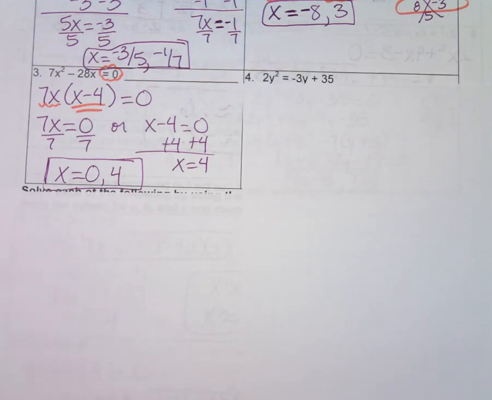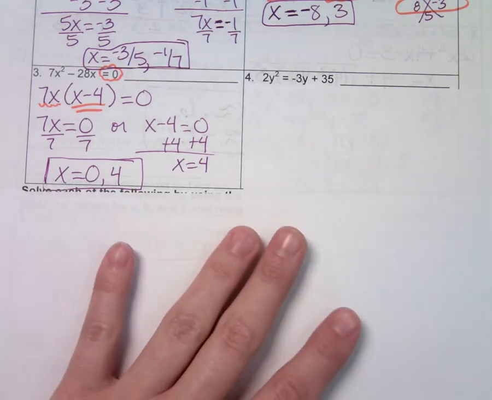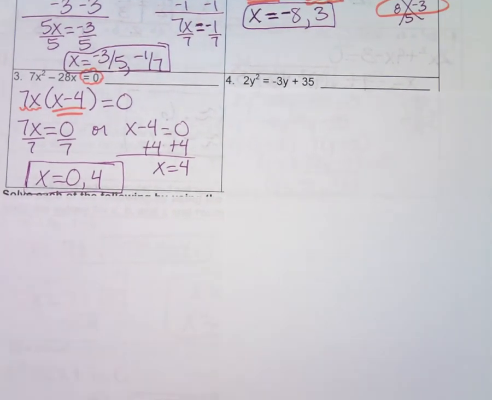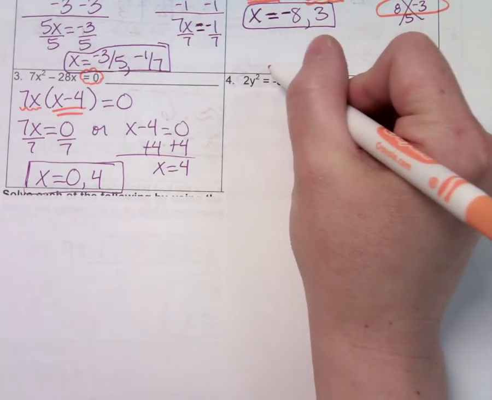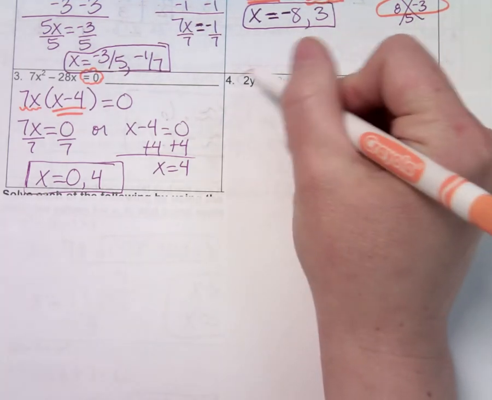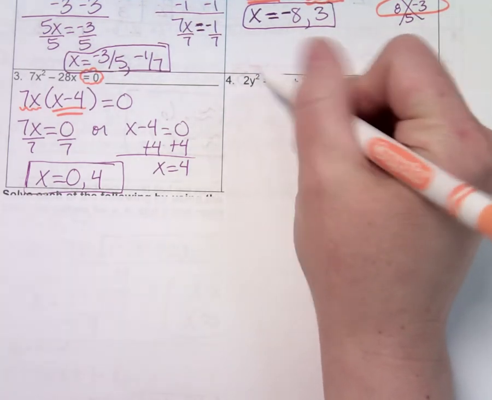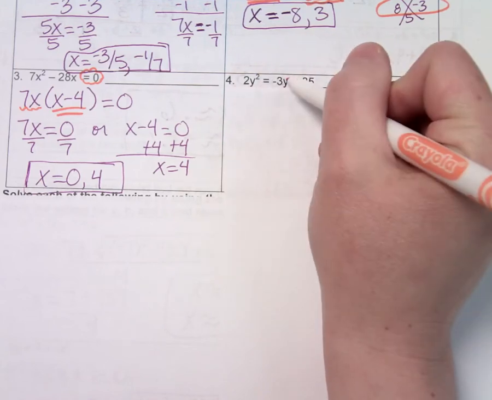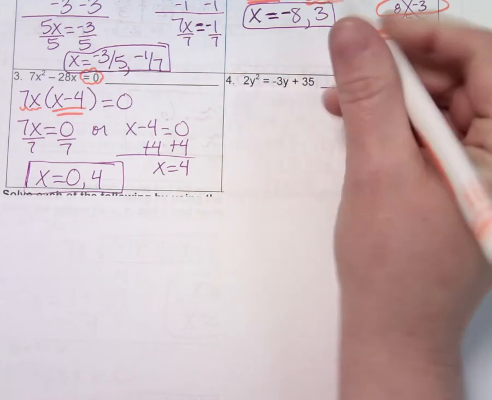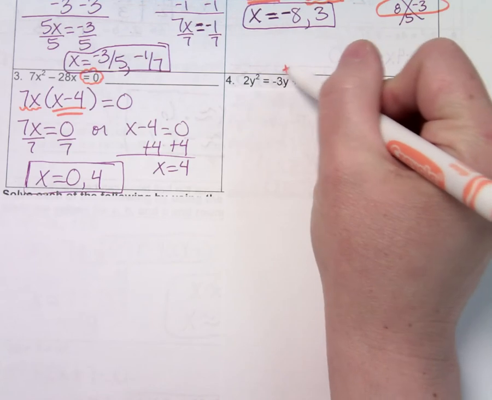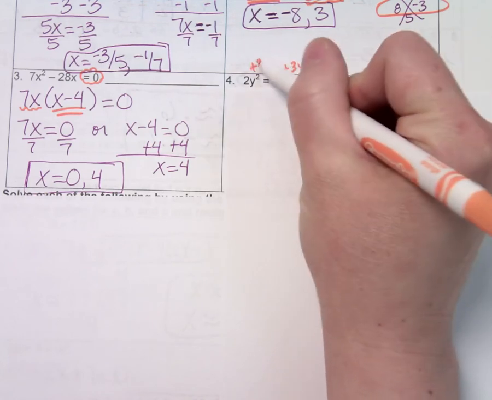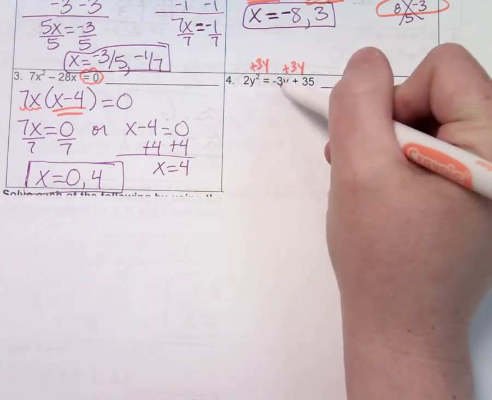Okay, number 4. This one is not factored either, and I need to make sure that it does say equals 0 because it does not. Since my y squared, since my quadratic term is positive over here, I'm going to move both of these. So to move a minus 3y, I would add 3y to both sides. And then that would become a 0.